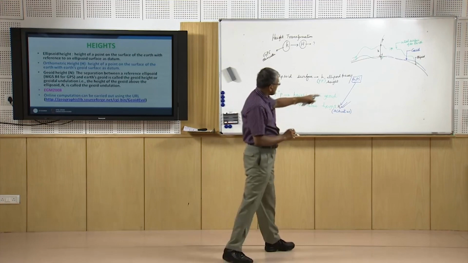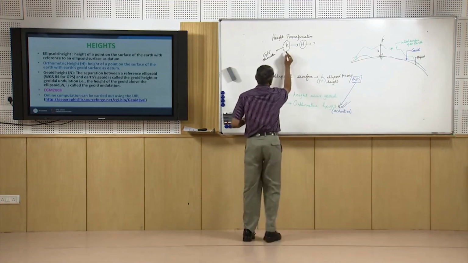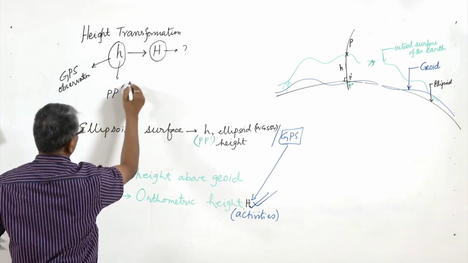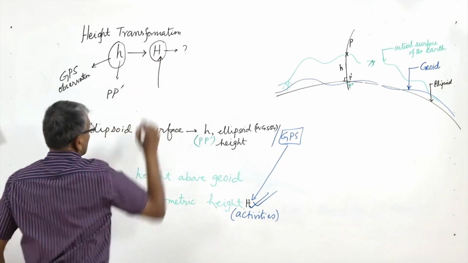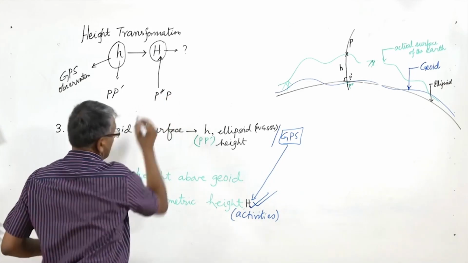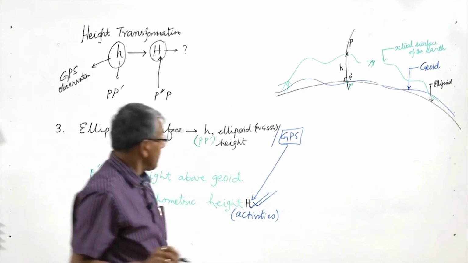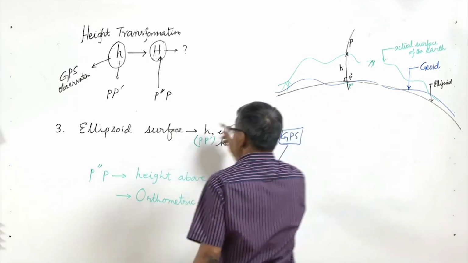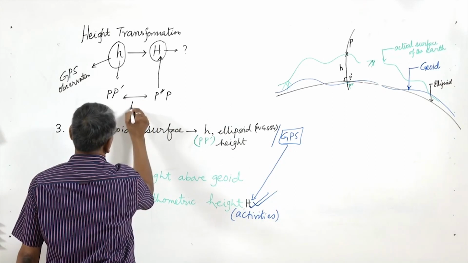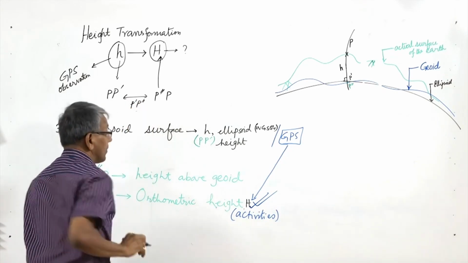Now if we look into the diagram, small h is nothing but our P dash P, and capital H is P double dash P. So the difference is P dash P double dash.